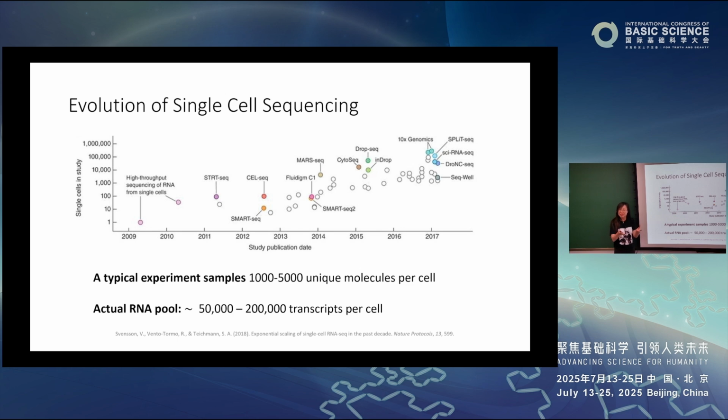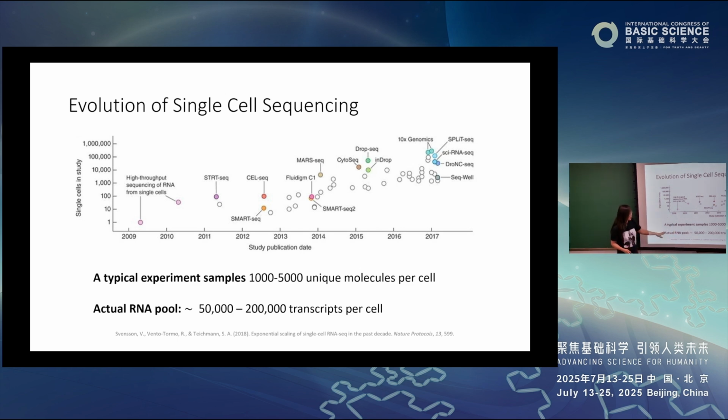You can think about each cell: within the cell membrane, there are many RNA. DNA makes RNA, makes protein. The protein is the machine that does the work, and the RNA is the intermediate. So we sequence the RNA in order to figure out what the cell is doing. A typical experiment samples about 1,000 to 5,000 unique RNA molecules per cell. That is the data.